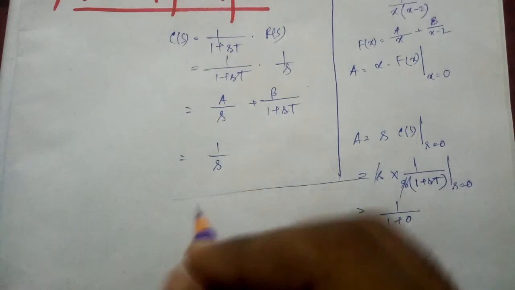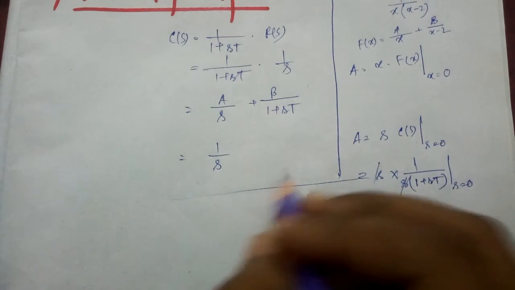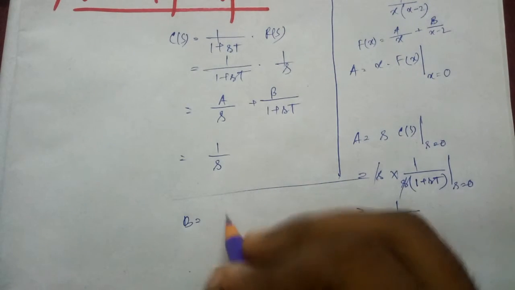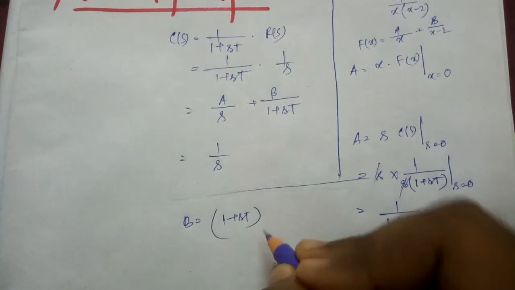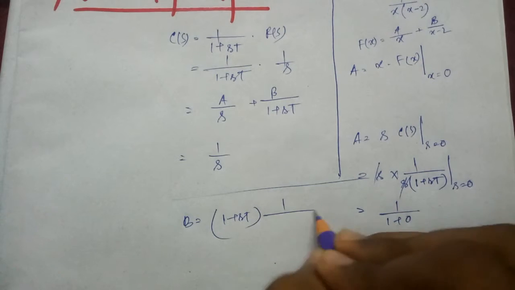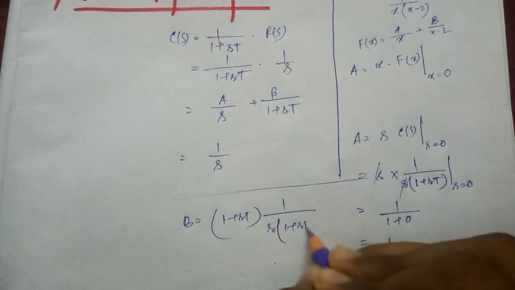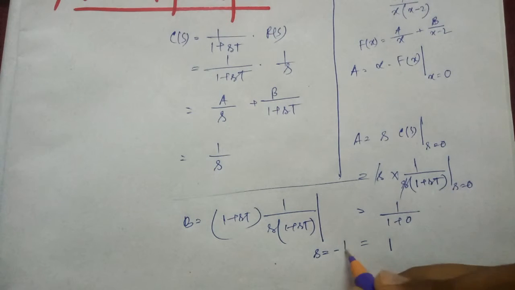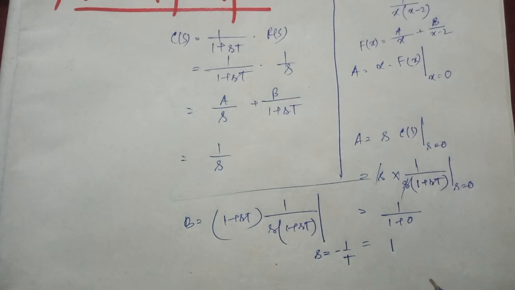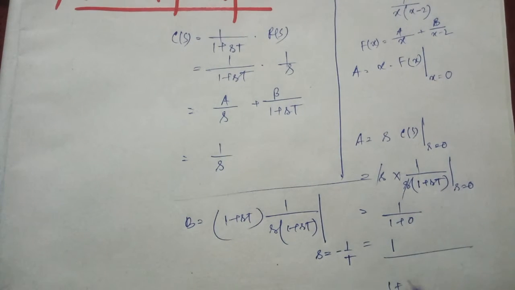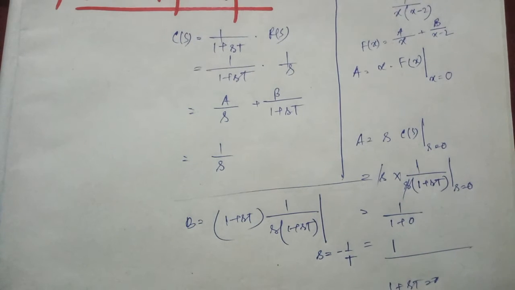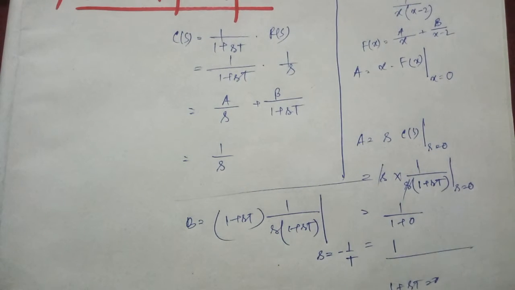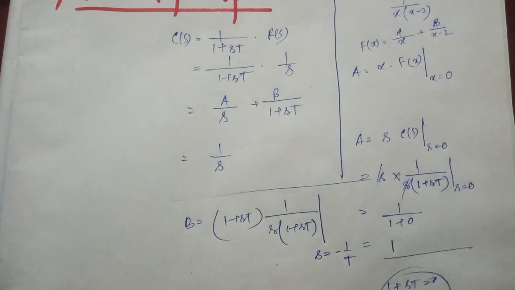And I am doing it here. B will be (1+sT) into 1/(s(1+sT)) at s equal to minus 1/T. If we write 1+sT equal to 0, s will be minus 1/T.